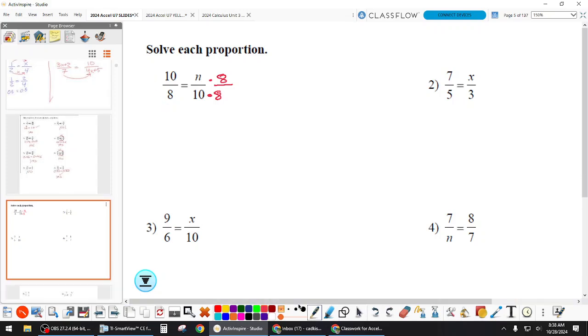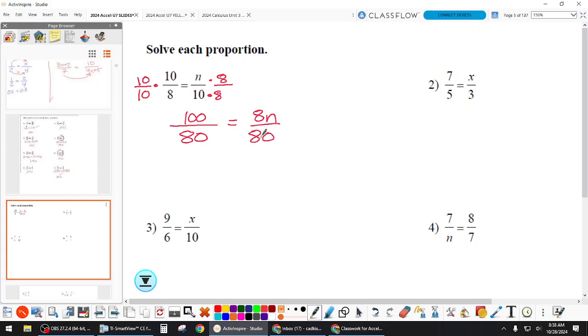Then over here I would need to multiply by 10 over 10. So that would give us a denominator of 80. And we'd get 100, and over here we'd get 8n over 80. So now our denominators are equivalent.